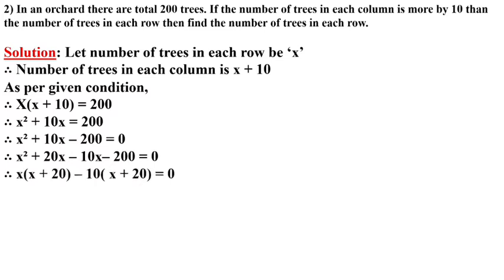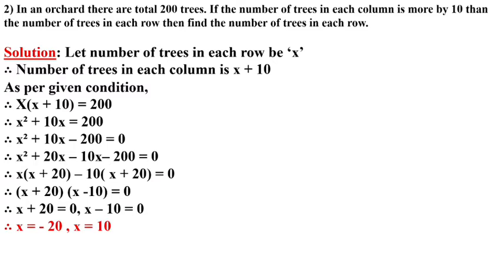The same bracket we will write, x plus 20. What is left in the third term? Minus 10. So the common bracket is x plus 20 and the other bracket is x minus 10, equal to 0. So x plus 20 equals 0 and x minus 10 is also equal to 0. A positive number becomes negative when it goes to the right side, so plus 20 becomes minus 20 and minus 10 becomes plus 10.